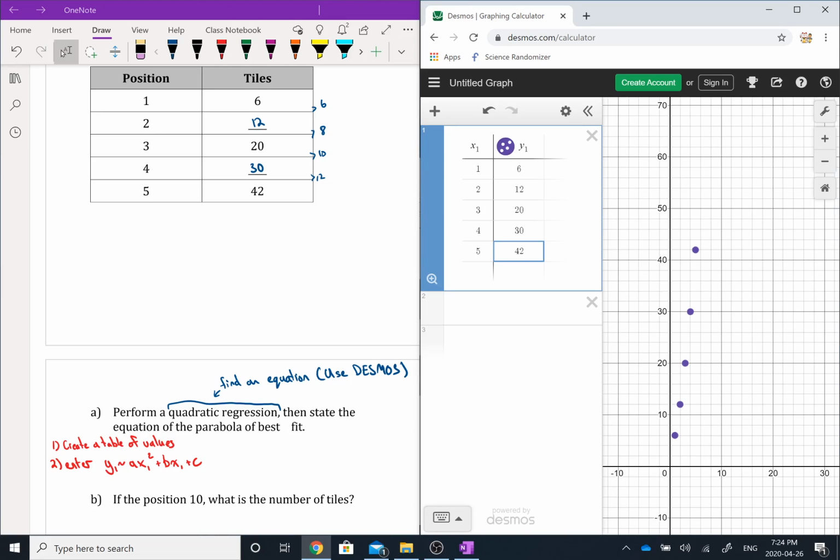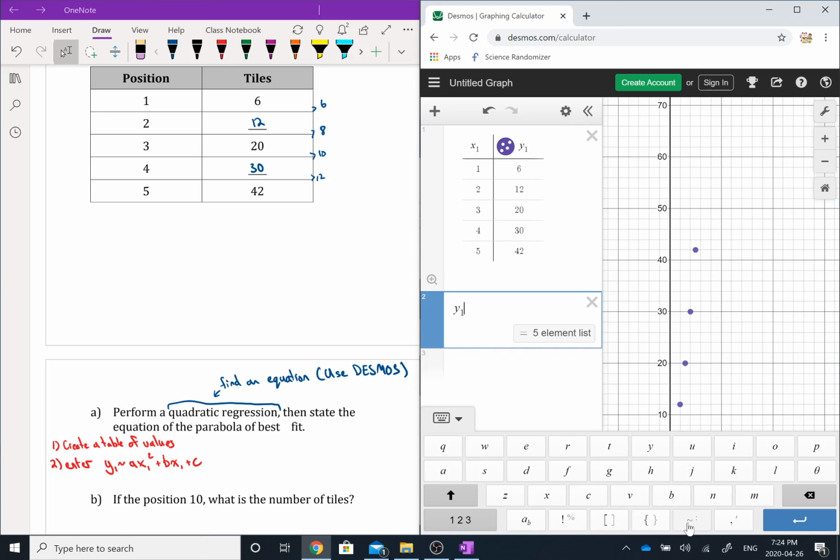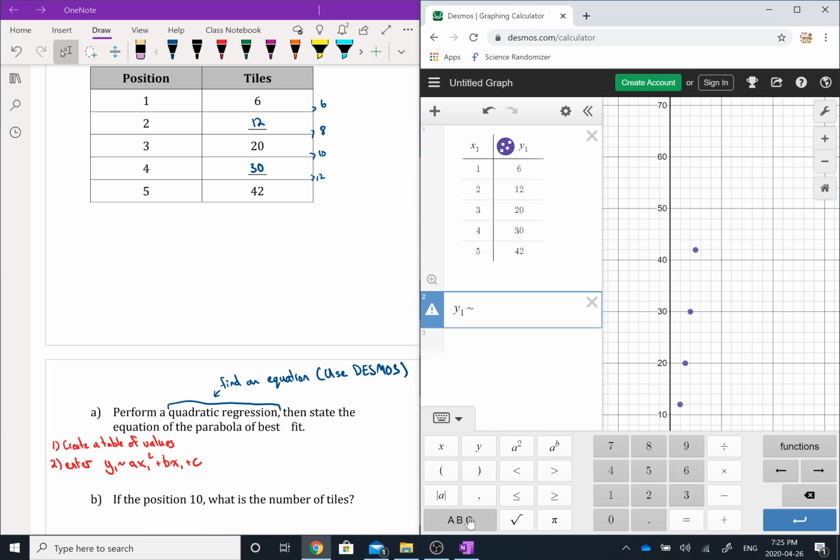The next thing we're going to do is enter this equation that we just wrote out. So in a new box, I'll bring up this here. This is what you would see if you had the app, and you'll see where to enter everything. You can do the same thing with the keyboard. So we're going to do y1, then a squiggly line, down here. Again, that's on your keyboard as well. It's above the tab button. You may have to press shift.